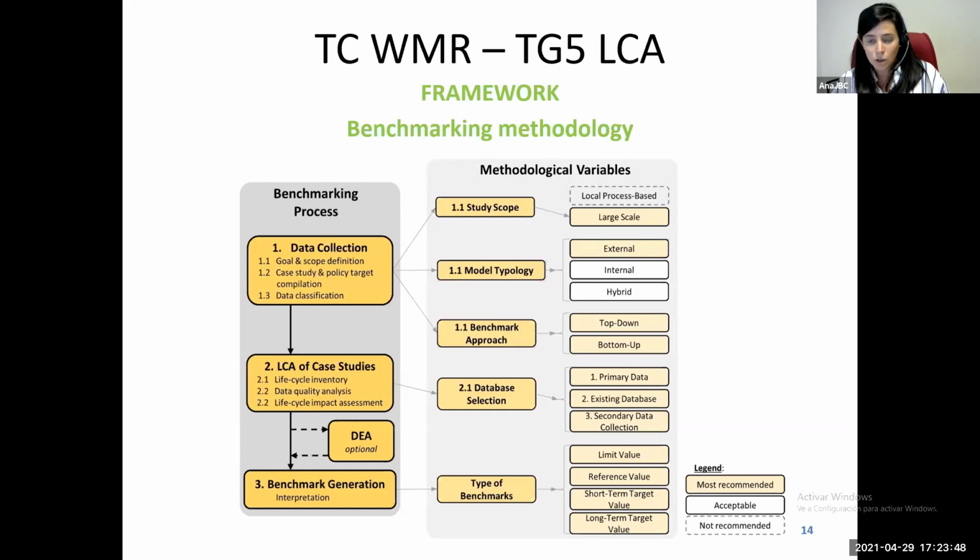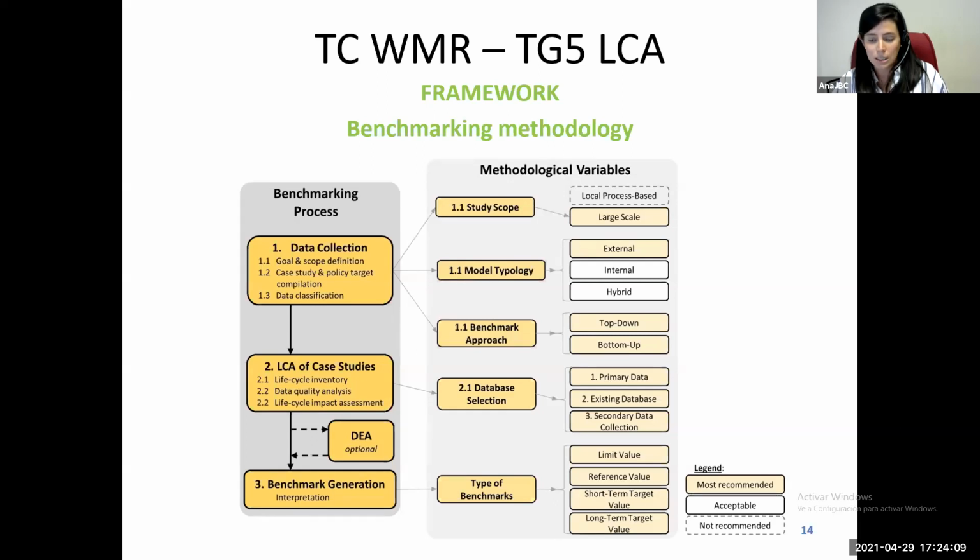Working on that literature review, we identified that the benchmarking should be done following 3 main steps. These steps are what you see there on the left. First is the data collection, including different sub-steps such as the goal and scope definition, case study and policy target compilation, and data classification.